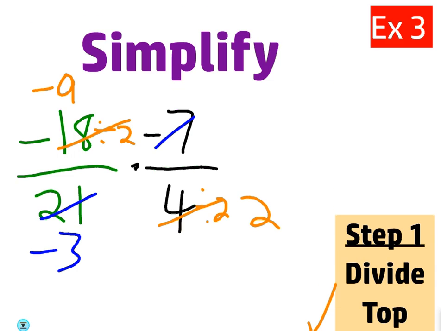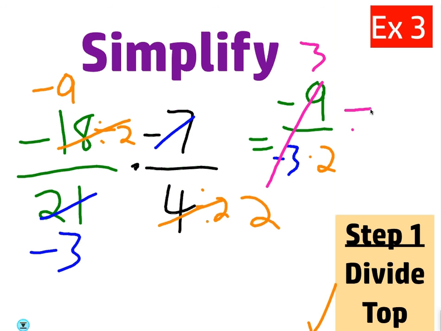Let's do that. So on the top, we have negative 9. On the bottom, we have two things. We have negative 3 times 2. Okay. What's the easiest way to do this? Well, you can cross cancel again when you simplify. Negative 9 and negative 3. Yeah, there you go. It becomes 3.